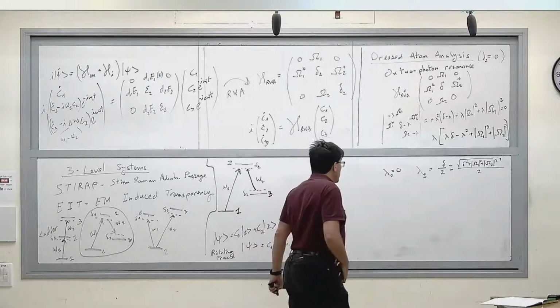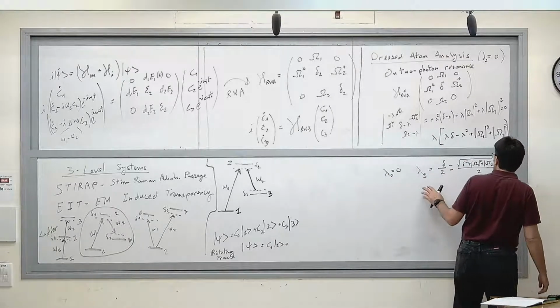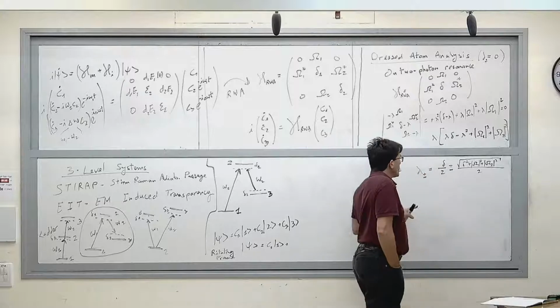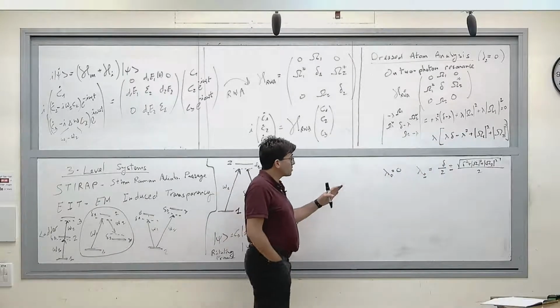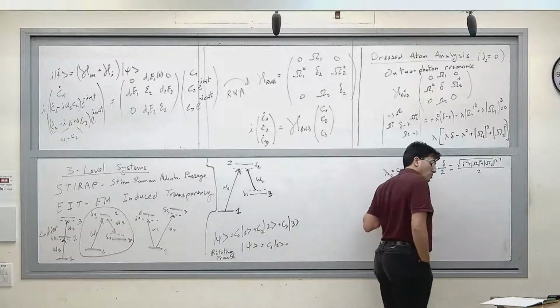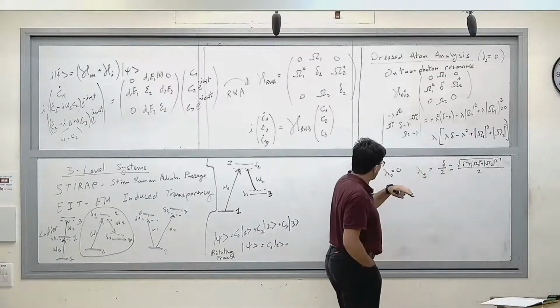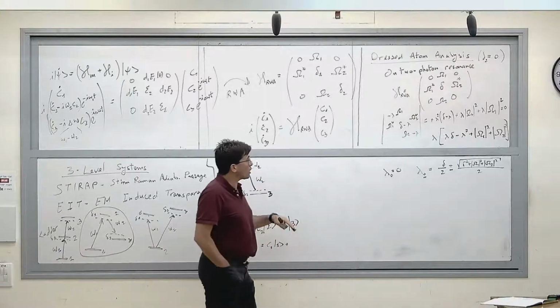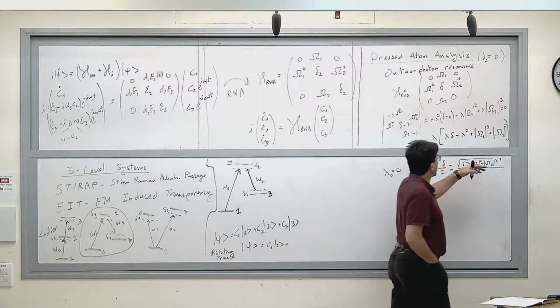Why? Because there are going to be two eigenvalues here. Now look, there's this eigenvalue, and I'm sure that you can solve what should be right here.